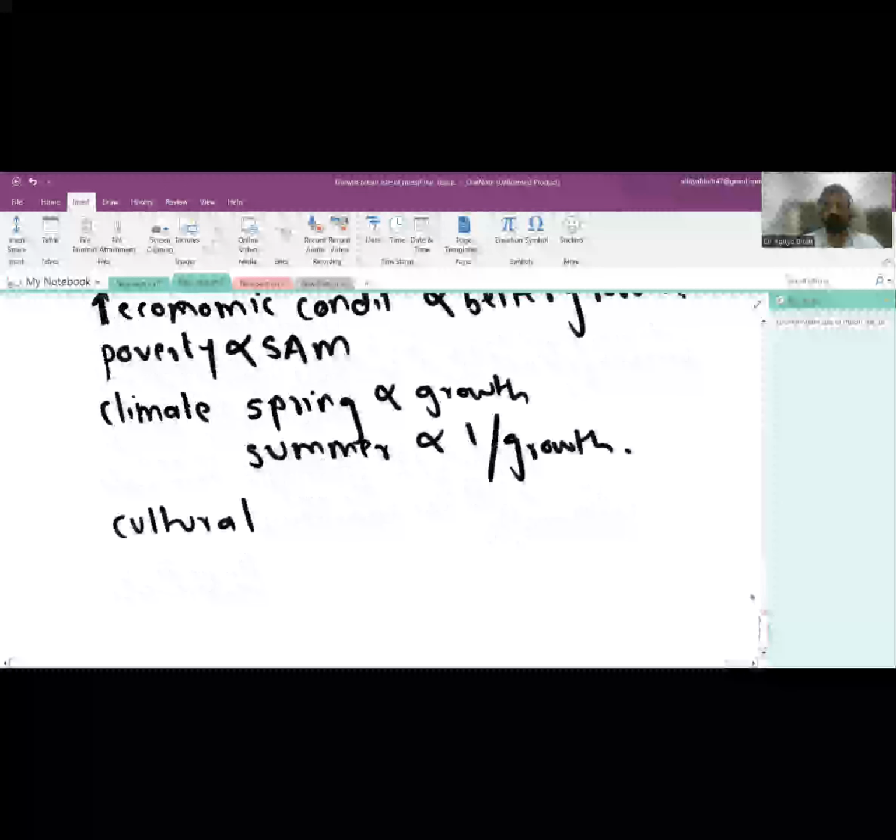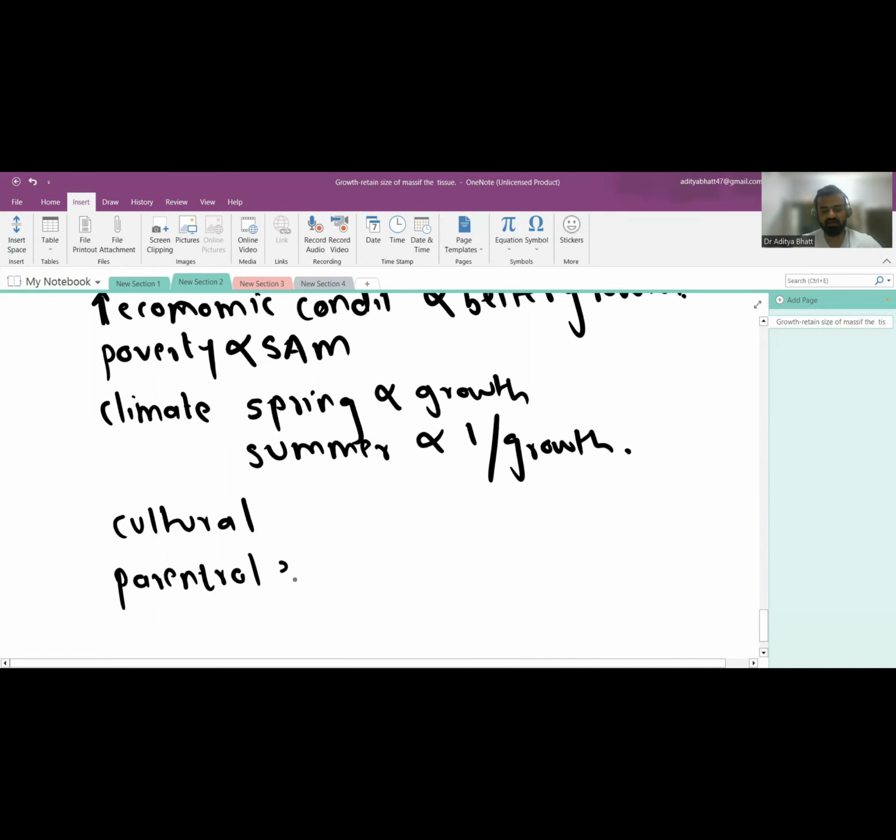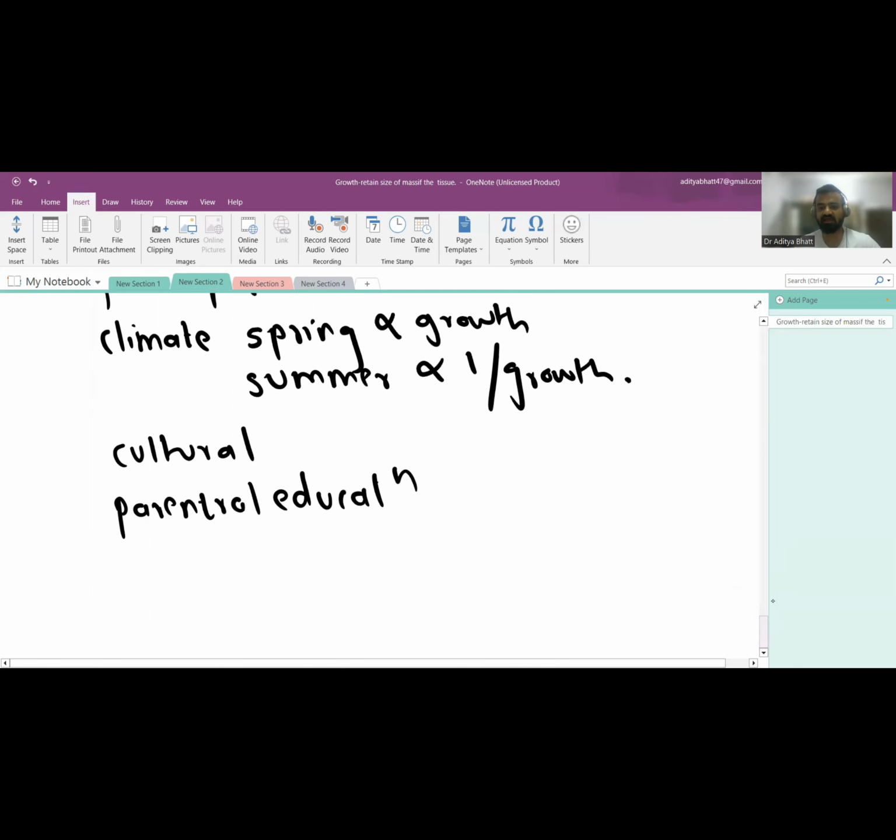So again, recurrent infection will hamper the growth of the child. And parental education is very important: when their child is sick, they are aware earlier and rush to the doctor, avail treatment earlier, stick to completion of the therapy, and usually do not default.